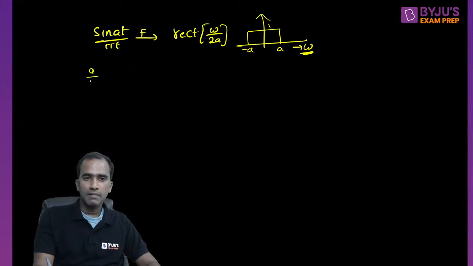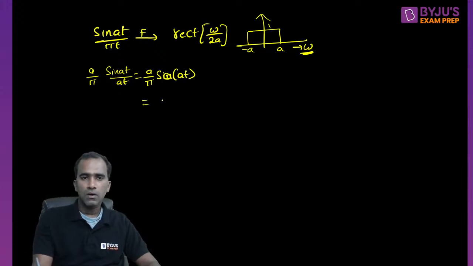Now if you want, you can rewrite this by dividing and multiplying with a, so it becomes sin(at)/(at). I'm multiplying and dividing by a, and pi I'm putting outside, so that I can write it as a by pi into sinc of at by pi.